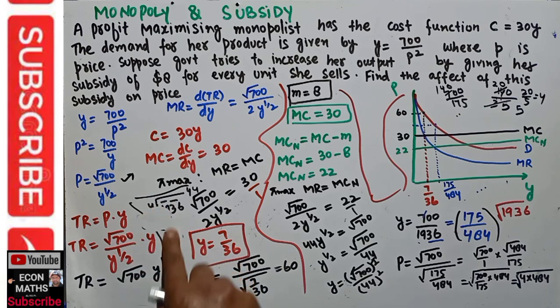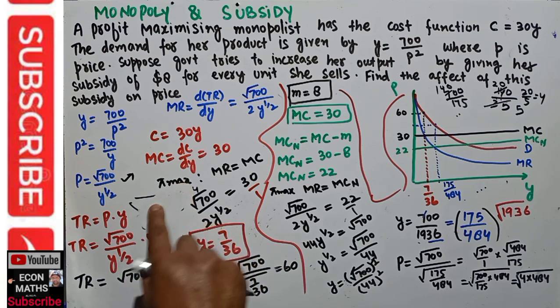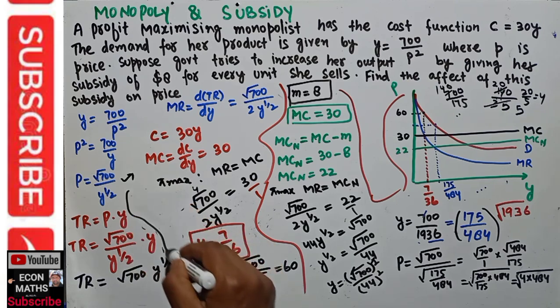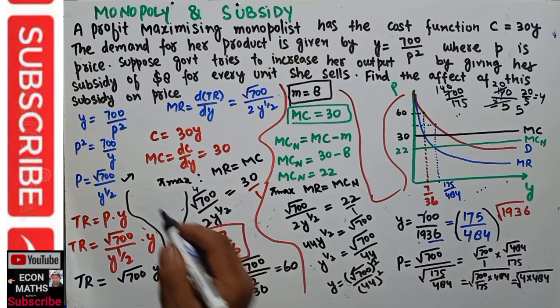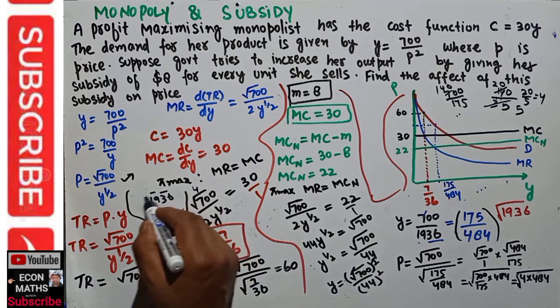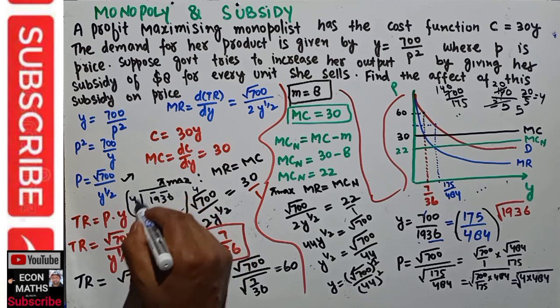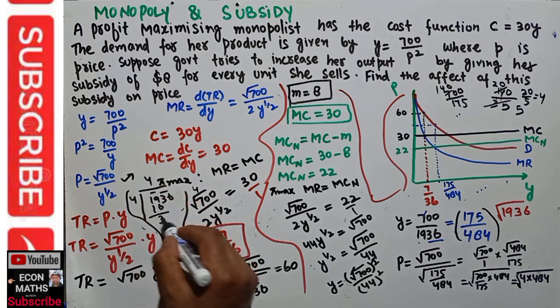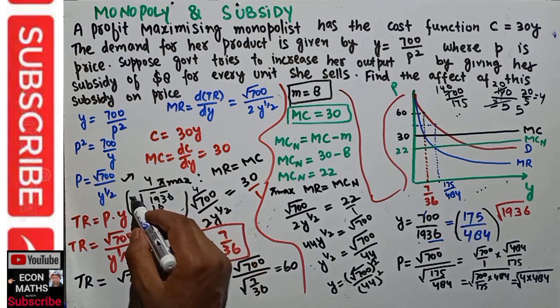Let me rewrite it. Okay, I am getting confused here. So we have under root 1936. So we have 4 4s are 16. Here this 36 will come down. So this will get doubled.